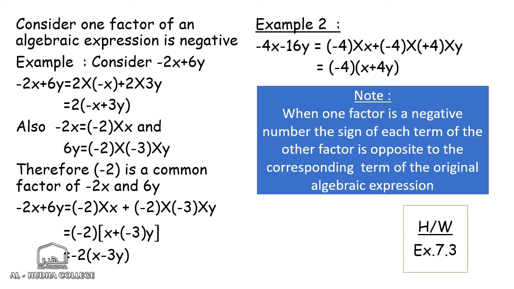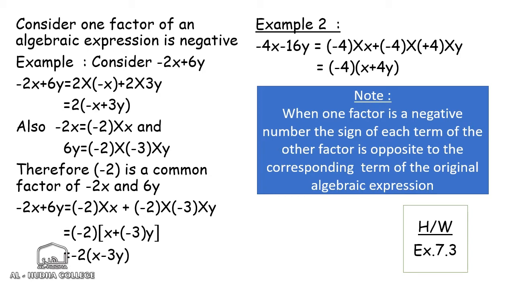In the original expression the first term is minus, but inside the bracket it is plus. The second term in the original, minus 16y, is minus, but in the bracket it is plus.